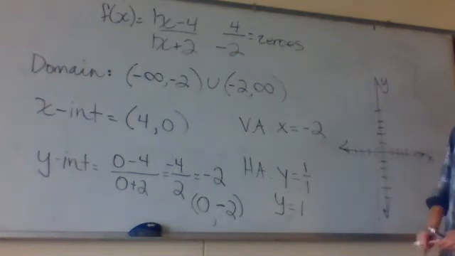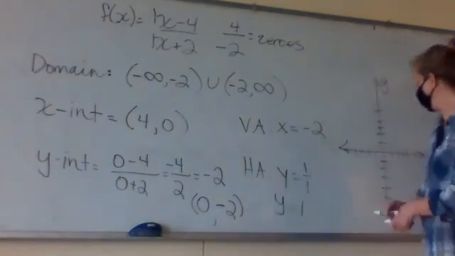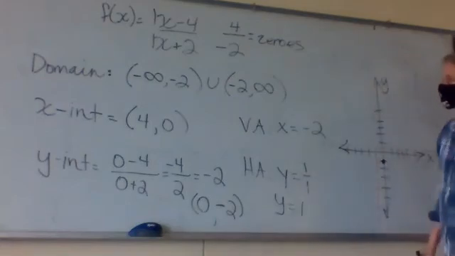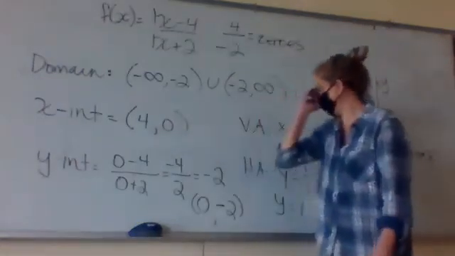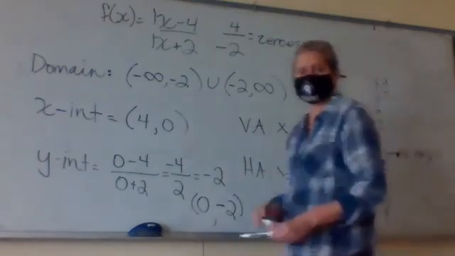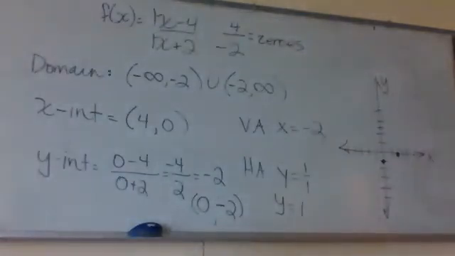So there's your horizontal. It's crossing the y-axis at negative 2. It's crossing the x-axis at positive 4. So if these are going by 2s, that'll be at 2, 4. So those are your distinguishing features. Let's see if that can determine what this graph is.